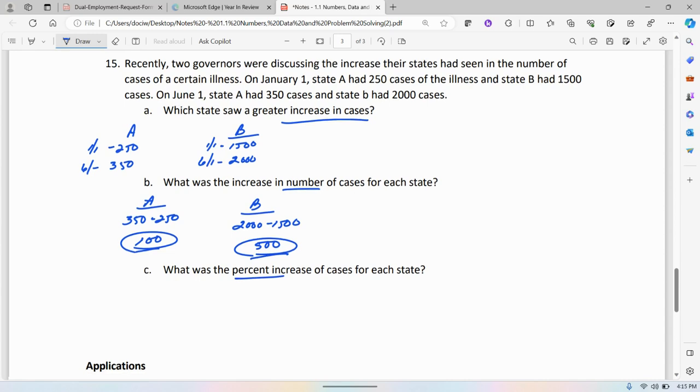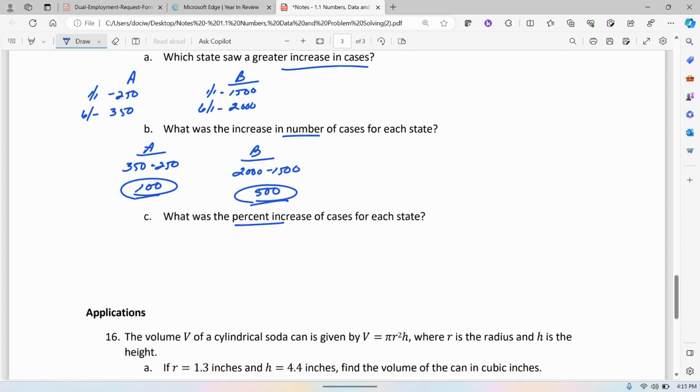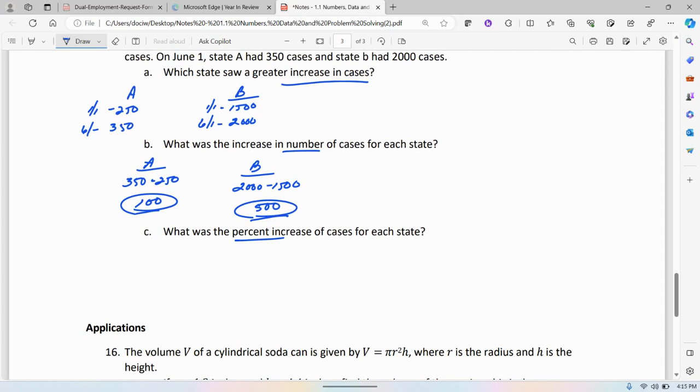However, if I look at the percent increase, State A, that difference of 100, right? That 350 minus 250 gave us the 100. If I divide that by the initial value of 250, so 100 divided by 250 is 0.40 or 40%.